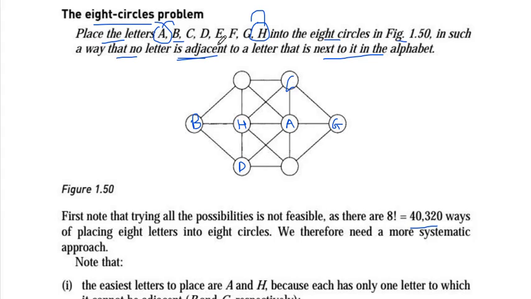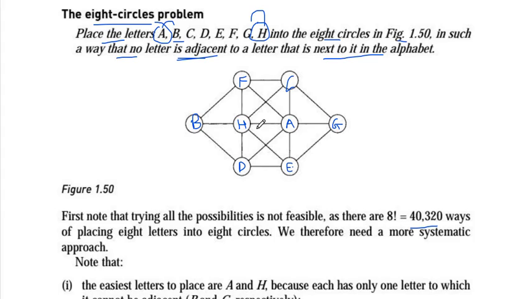Then E is near with D and F, we can put E here. And F is near with E and G. Sorry, so we have to put F here and E here.